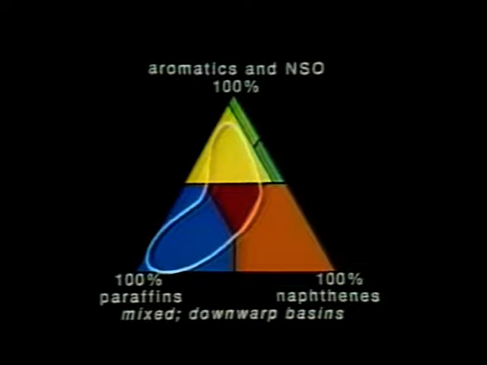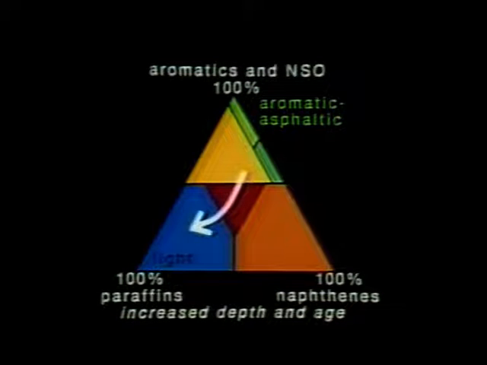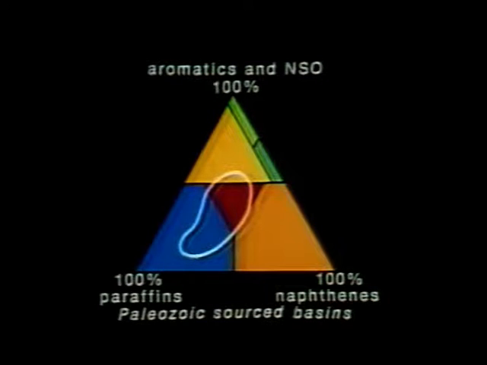Mixed sedimentary facies and kerogen types, such as those found in downwarp basins, result in mixed crudes. In almost any basin, however, crude oil tends to become lighter, both with depth and with age. For example, the old Paleozoic source rocks that are common to cratonic basins tend to yield high-gravity, low-sulfur crude.